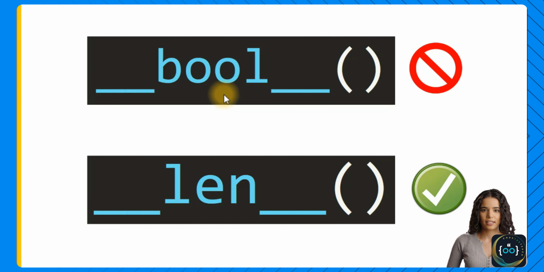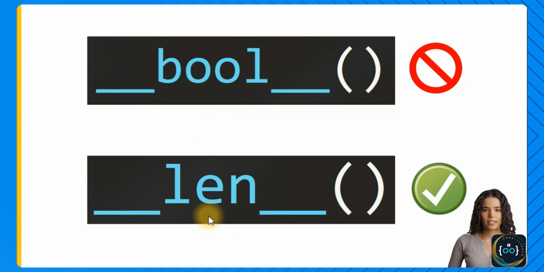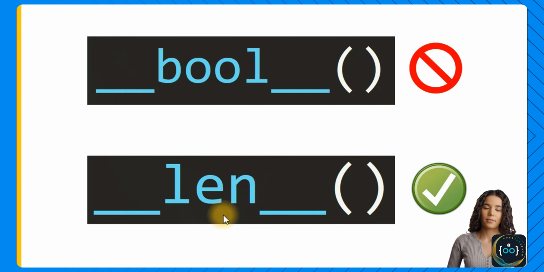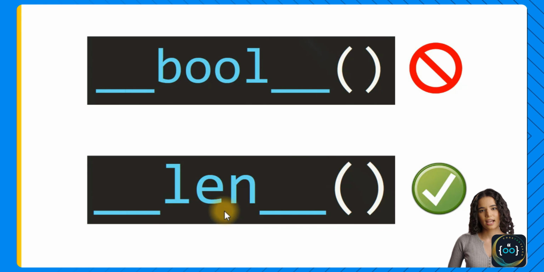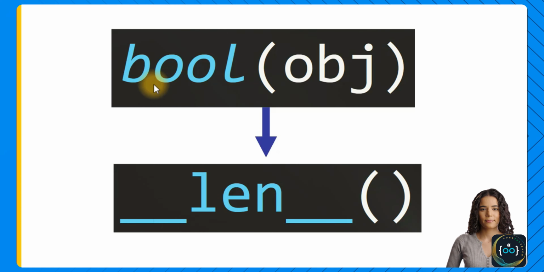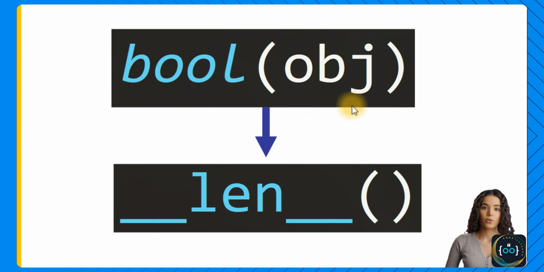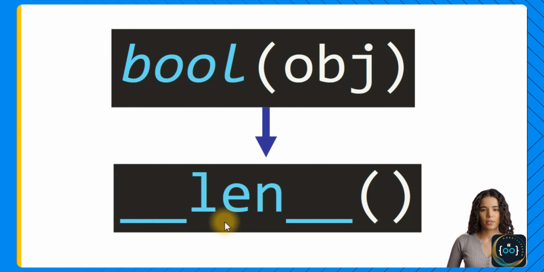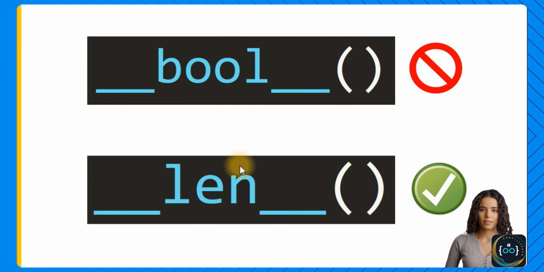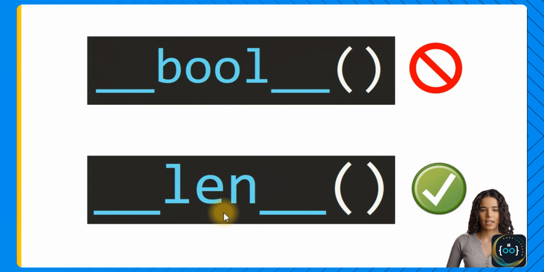If we don't define the bool method in the class, but we do define the length method, like in a sequence, for example, that has a length, then when we call the bool function or when we use the object in a Boolean context, the value, true or false, will be determined by the value returned by the length function. So length sort of works as a backup. If we don't have bool, then the value of length will determine if the value is true or false.